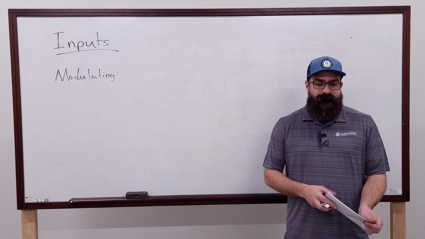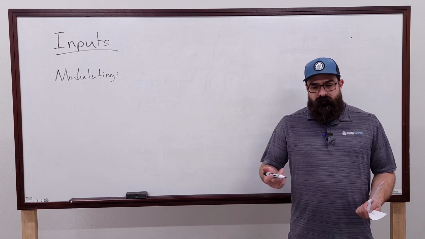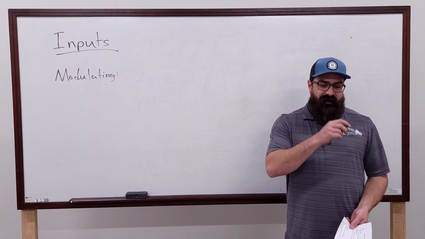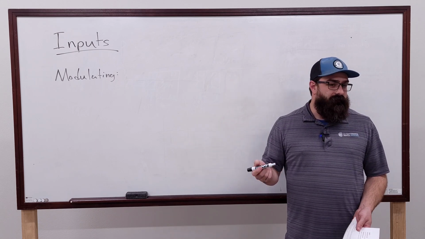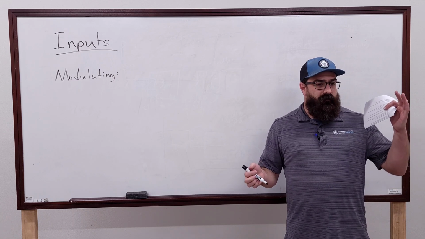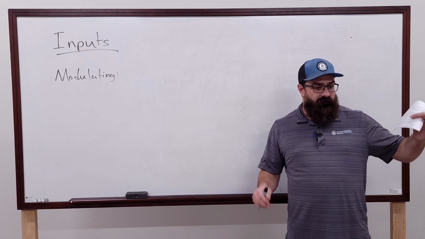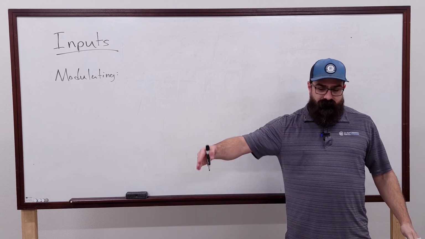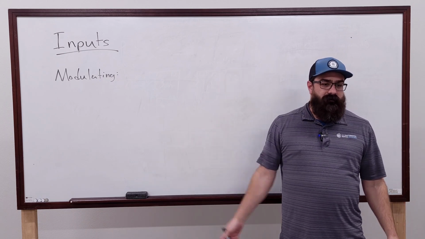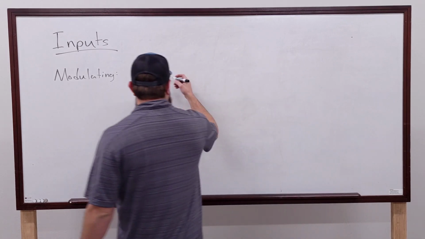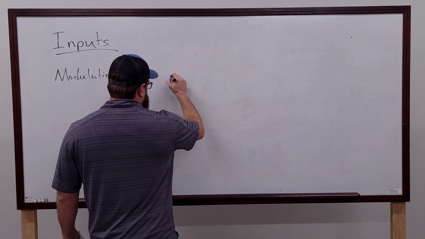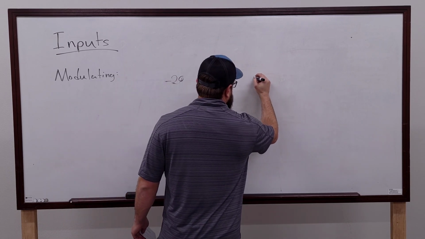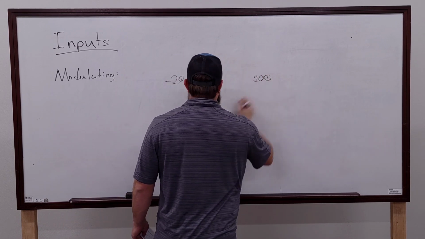So if you've got a thermistor, let's say the range of the thermistor is -20 to +200 Fahrenheit, and then you know that resistance scale goes from, let's just use round numbers, 1,000 ohms to 10,000 ohms.